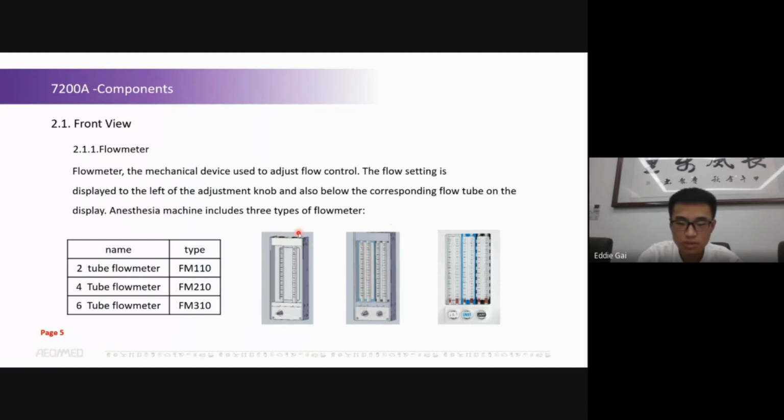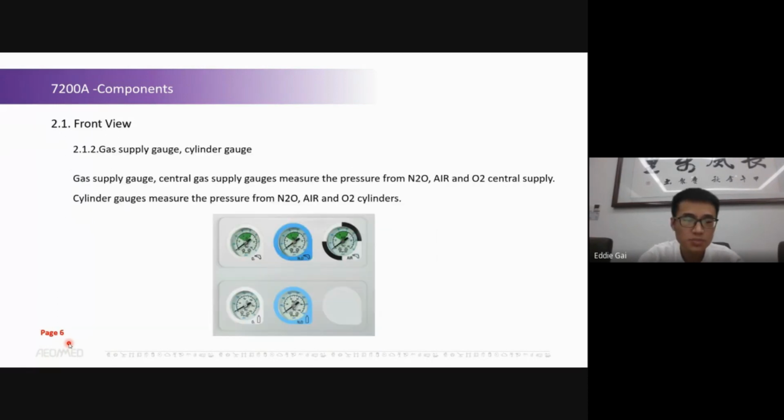Okay, next part is the pressure gauge for the gas source. We have 2 rows of pressure gauges. The first one is for the wall gas, and the second one is for the cylinder.